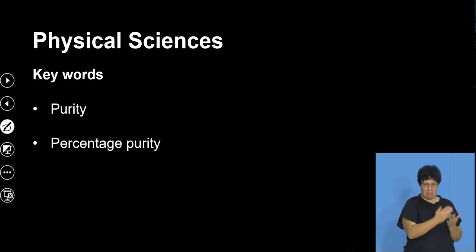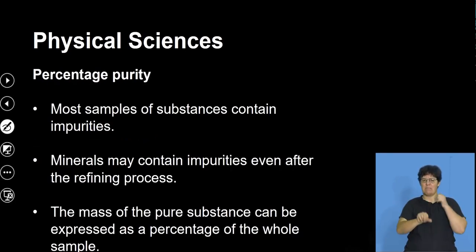Some of the key words we want to pay careful attention to is purity, which we've indicated we can express as a percentage. But in what context is purity relevant as far as chemical reactions are concerned? Most samples of substances contain impurities.